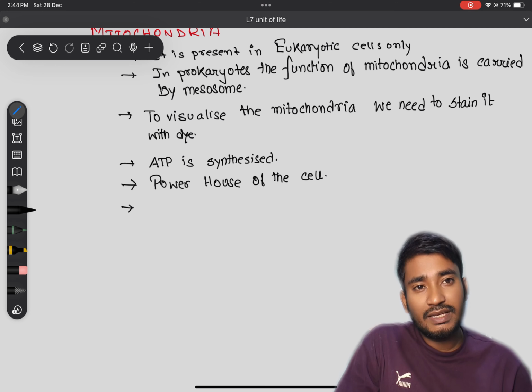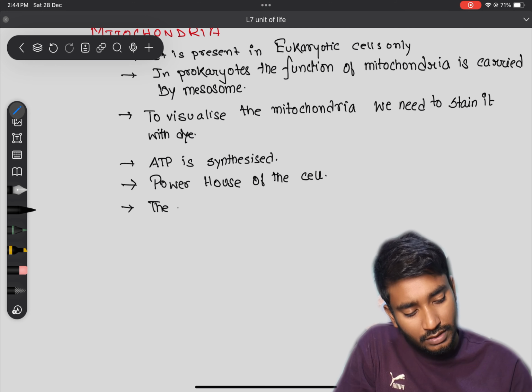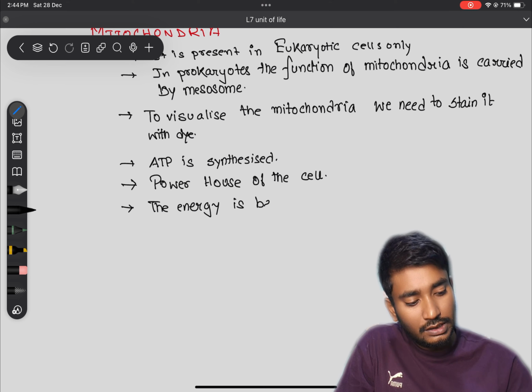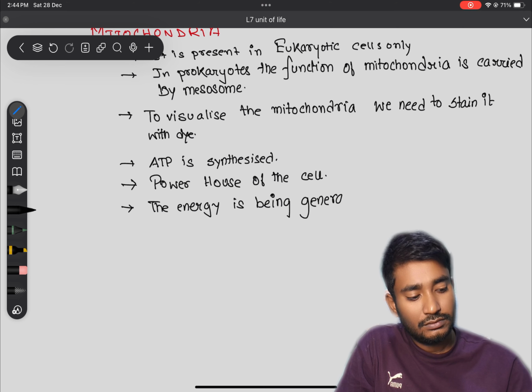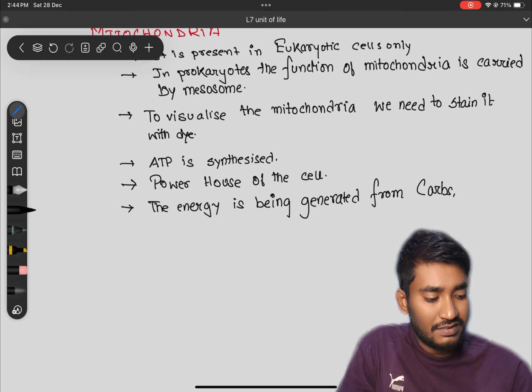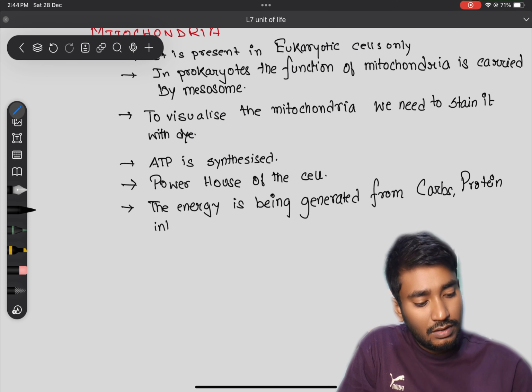The more energy is being generated in our cell from the mitochondria, from carbs, that is carbohydrate, proteins, into ATP.